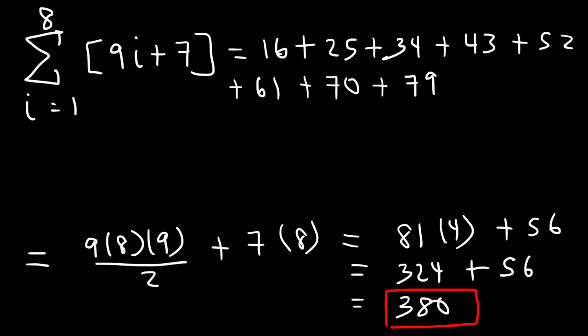So let's use a calculator for this. If we add 16, 25, 34, 43, 52, 61, 70, and 79, this will give us 380. So we get the exact same answer.